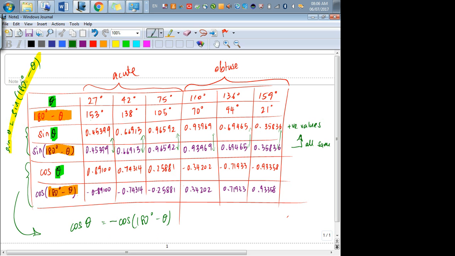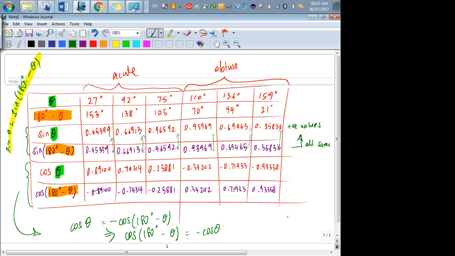So I need to write negative cosine 180 degrees minus theta. Now, of course, this is the same as multiplying negative 1 by both sides. So what will I get? I will get cosine 180 degrees minus theta equals negative cosine theta. They are the same thing.